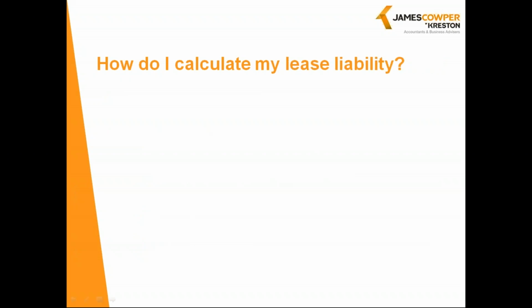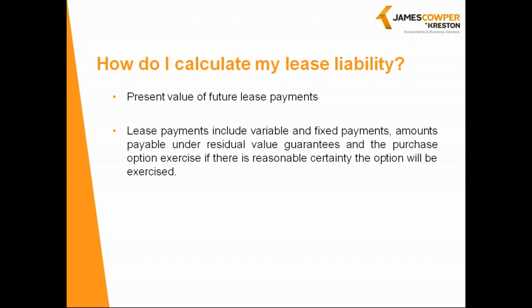So let's look at the lease liability now. To calculate the lease liability, you will need to take the present value of all future lease payments. The future lease payments include all fixed and variable elements, any residual value guarantees, and also any payments due on exercise of any purchase options.